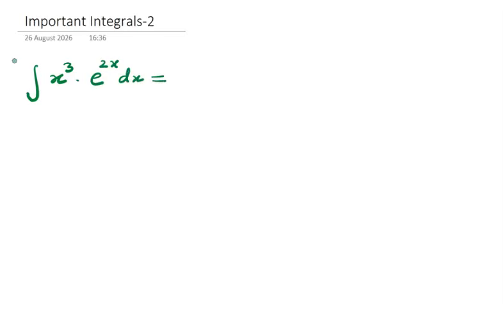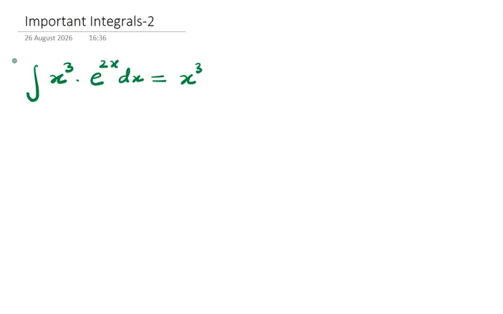Now this integral, as you see, has an algebraic function x cube and e power 2x dx. If I solve this by using the product rule as shared with you in the previous video, x cube is the first function and e power 2x is the second function.